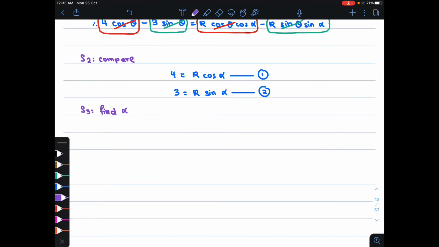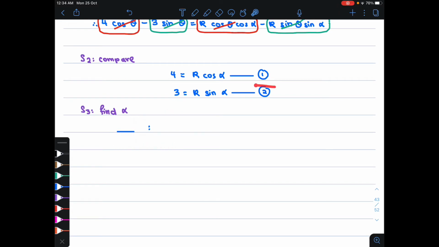Step 3 is to find alpha. To find alpha, you need to do division. Is it equation 1 divided by equation 2 or equation 2 divided by equation 1? The answer is the numerator should have sine, and the denominator should have cos.